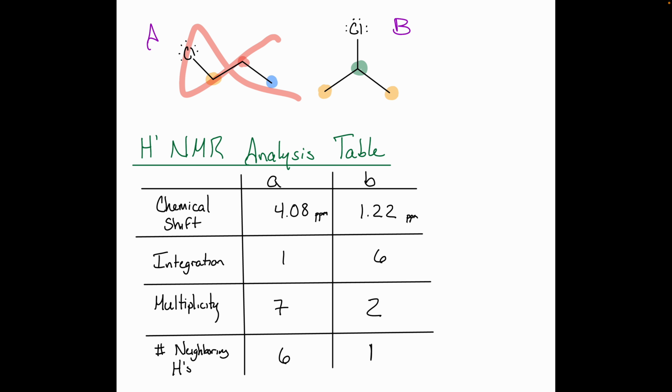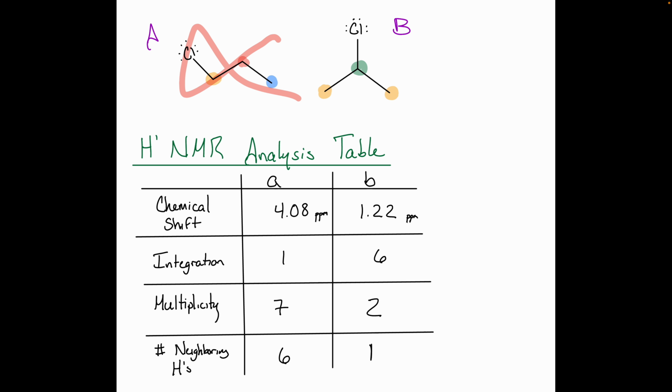Which one is A and which one is B? The green one is which one? My septet, right? So it's got these 6 neighbors associated with it. It's got only 1 hydrogen, so my integration value is 1. It's also bound to that heteroatom, so it should be the furthest downfield.